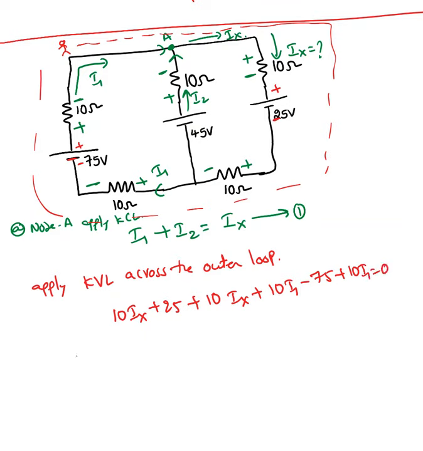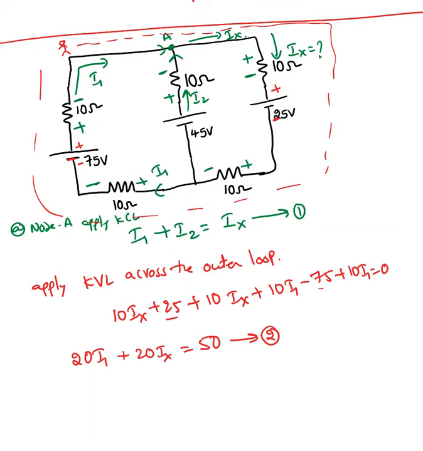So I end up with 20 I1 plus 20 Ix equals plus 25 minus 75 minus 50. If I bring it to the other side, that's positive 50. That's my second equation.